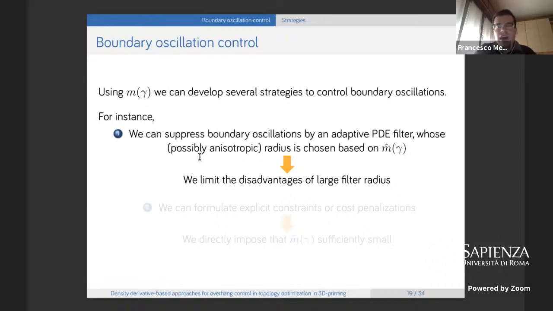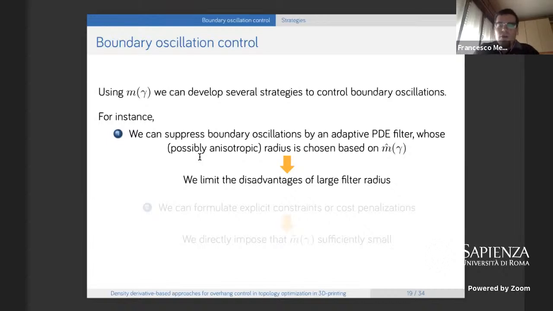However, this had various counterindications, because if we use a PD filter with large filter radius everywhere, then we are also closing holes, losing features, and increasing grayness.